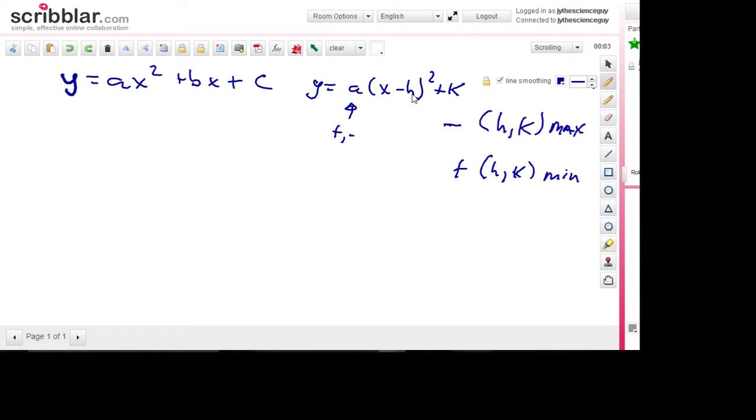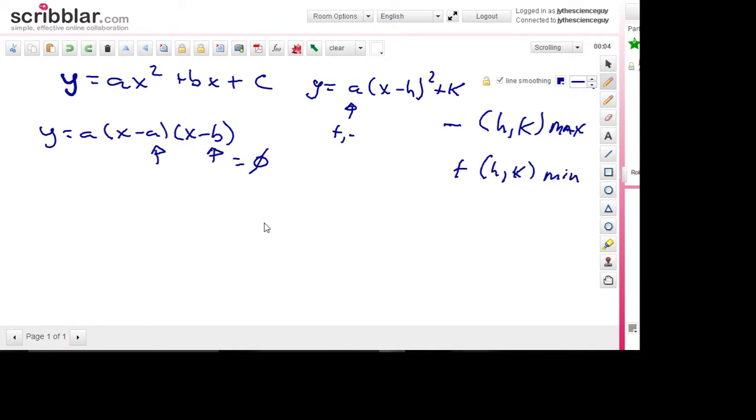Here's another way of writing the exact same equation, which they use on the SAT. They're going to say that y is equal to a times x minus a times x minus b. And your a and your b, they call the zeros of the equation.